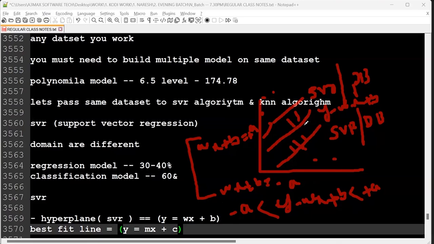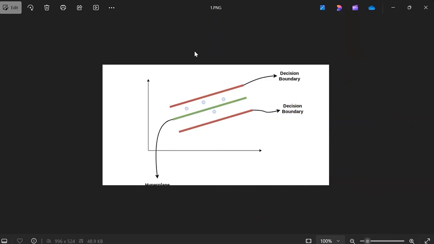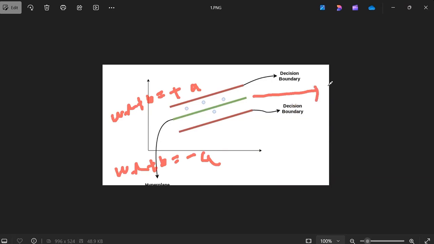So here, this is a positive point. I mean to say Wx plus b equals positive a, and Wx plus b equals negative a. This is called the hyperplane, guys. Understand?